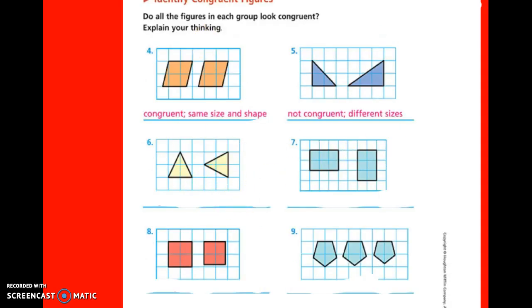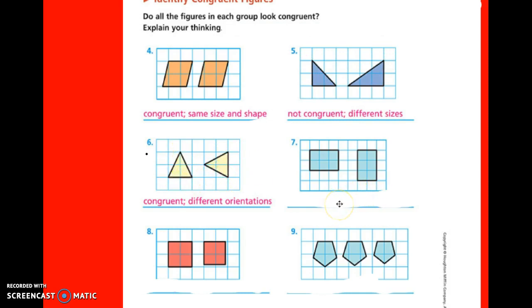All right, how about this one? Go ahead and try this one on your own. Are these two congruent? Say yes or no. If you said yes, they are congruent, then you were right on, because they just changed the way they look. This one just turned on its side, but it is the same size, same shape.